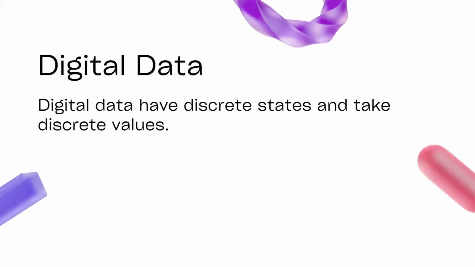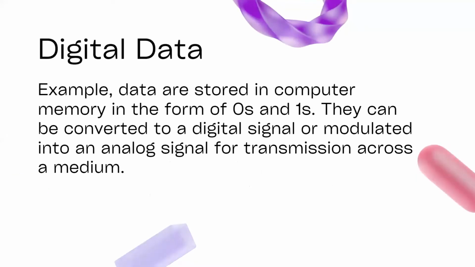Digital data has discrete states and takes discrete values. For example, data are stored in computer memory in the form of zeros and ones. They can be converted to a digital signal or modulated into an analog signal for transmission across a medium.